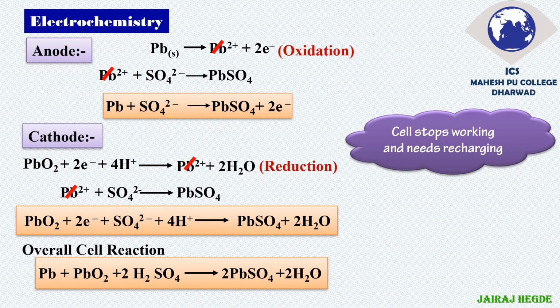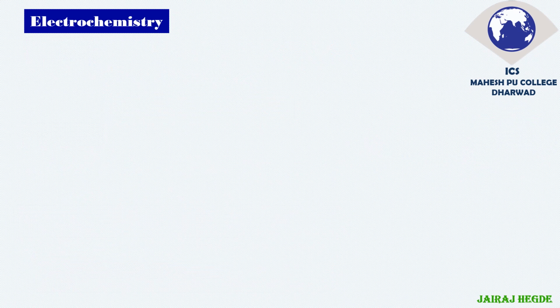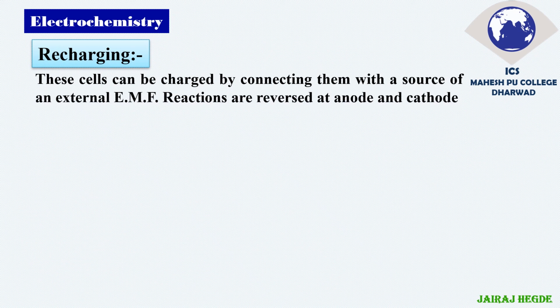Let us try to understand the discharging reaction. It is quite important for competitive exams: the anodic reaction, cathodic reaction and overall reaction as the discharge reaction. Now let us understand the recharging reaction. The reaction is exactly opposite. Of course, this is not in the syllabus, but it is important for competitive exams.